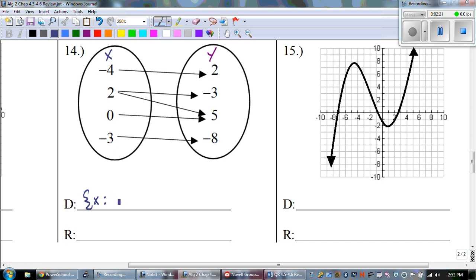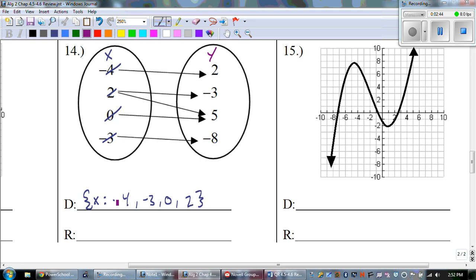Okay, so from lowest to highest, least to greatest. So we've got -4, then the next number is -3, and then we have a 0, and last we have a 2.